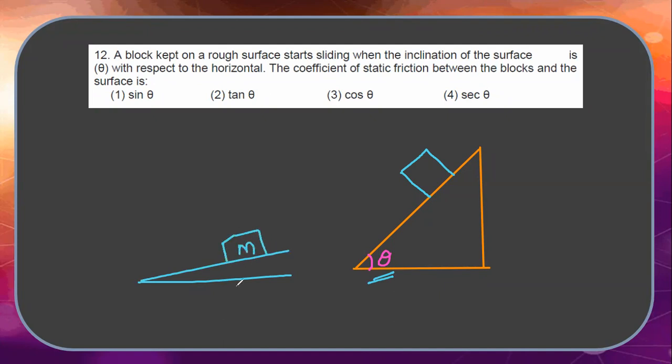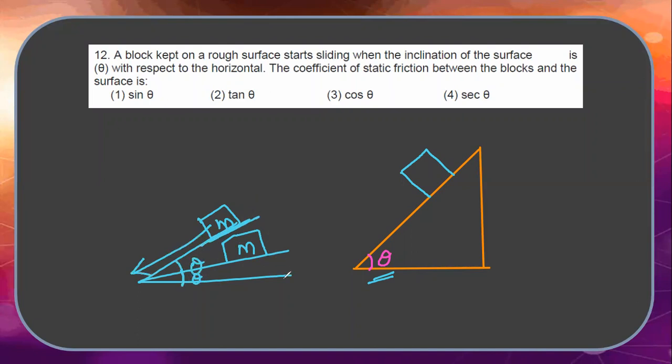Angle is taken as theta. If you drop the body, then at this angle on the inclined plane, it may not slide. If we increase the angle, at a certain angle, it starts sliding. That angle is called the angle of repose.